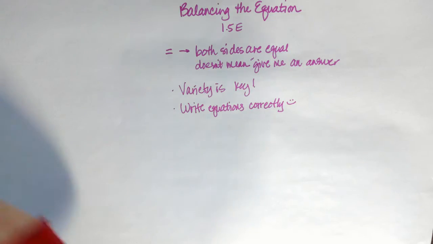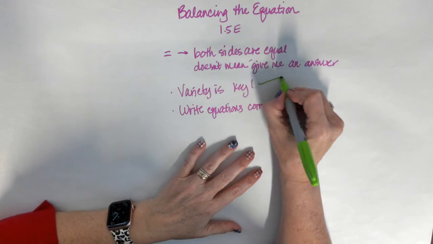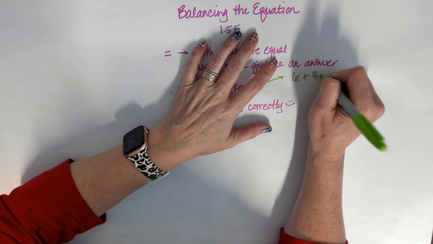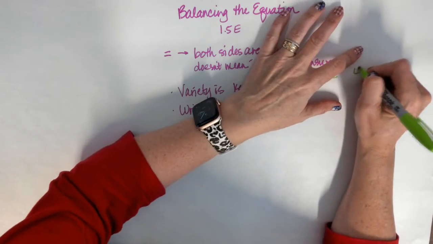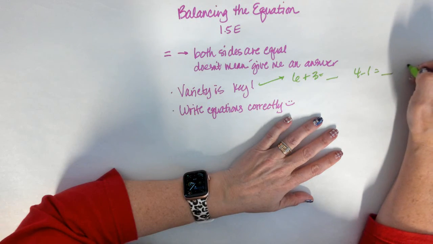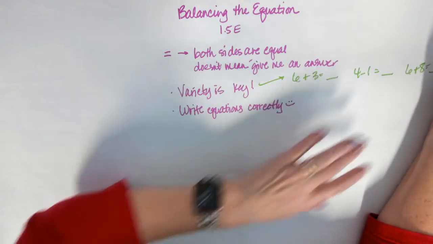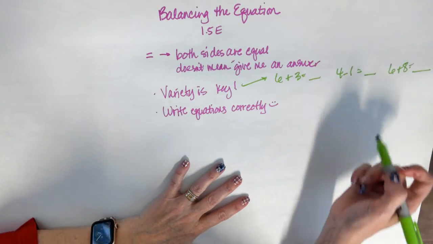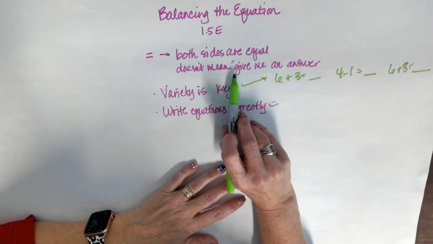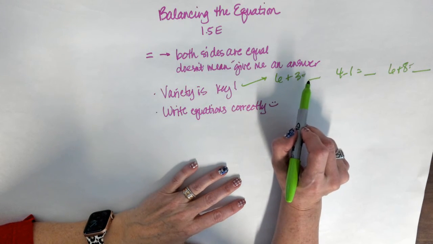So what I mean by that is we've got to have variety for kids. If all my kids ever see is problems like 6 plus 3 equals blank, 4 minus 1 equals blank, 6 plus 8 equals blank, if this is the only kind of problem they ever see, they develop this idea that the equal sign means tell me what the answer is.